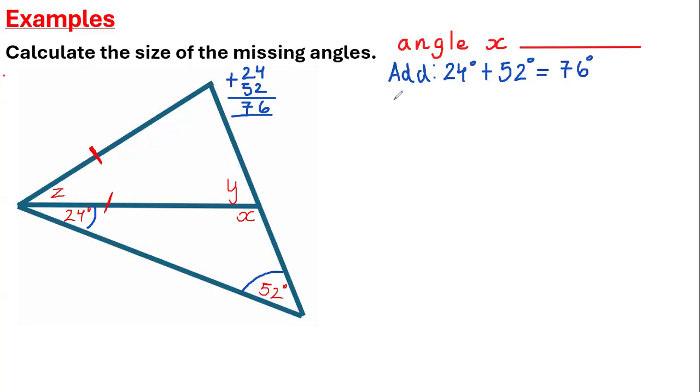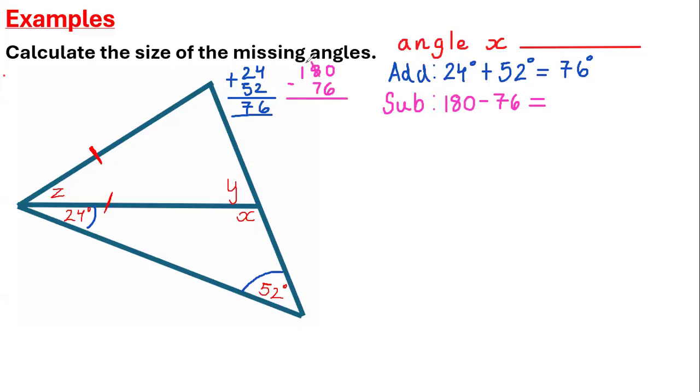Next, you're going to subtract 76 from 180. So 180 degrees minus 76 degrees gives you 104. 0 minus 6, we can't really do that.